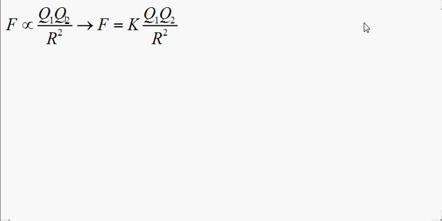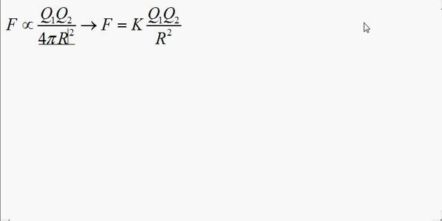What's usually done is, since this force acts in a radial manner, this bottom term is usually 4 pi r squared, because it acts over the surface of a sphere.